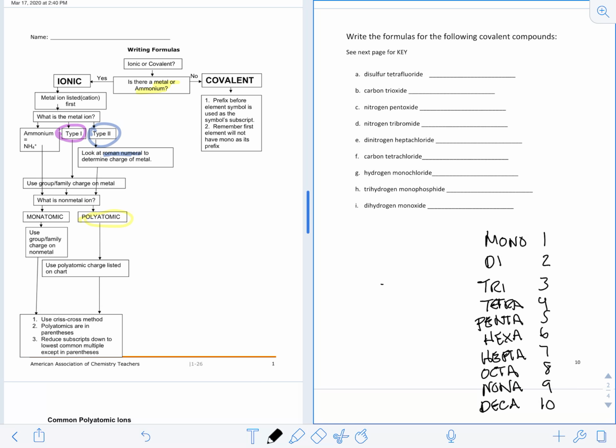So you need to know all these different prefixes. Okay, so my letter A is disulfur tetrafluoride.